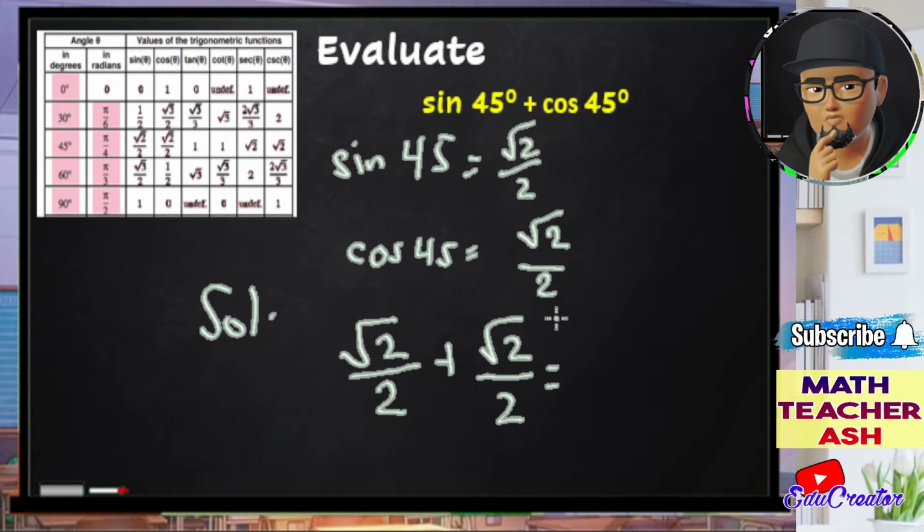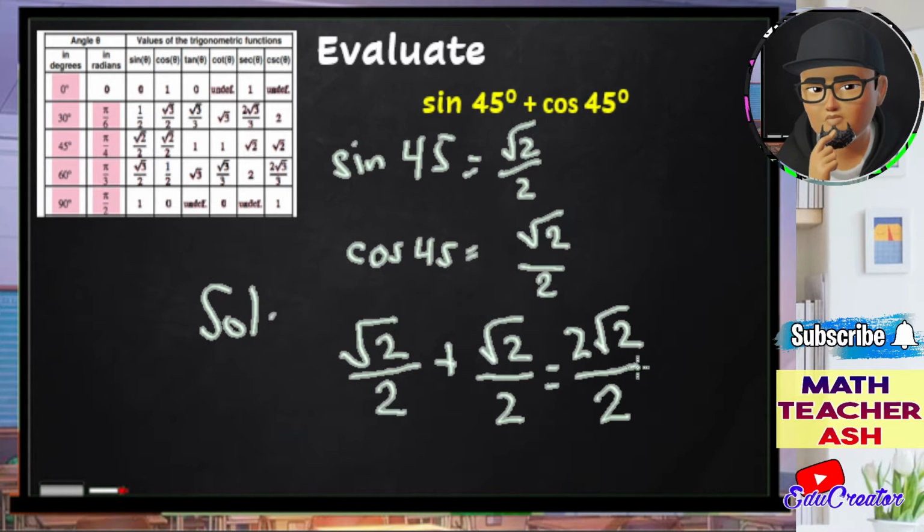Now, of course, my dear math learners, if you have two fractions with the same denominator, you just copy the denominator and then add the numerators. Square root of 2 plus square root of 2, it has an invisible 1 in its coefficient. So that will become 2 square root of 2, because there is a 1 square root of 2 here and another 1 square root of 2, giving you 2 square root of 2.